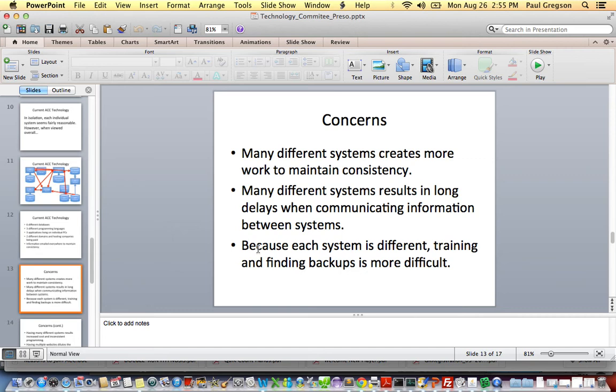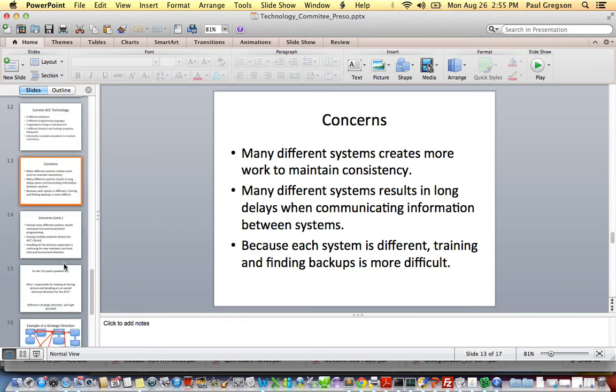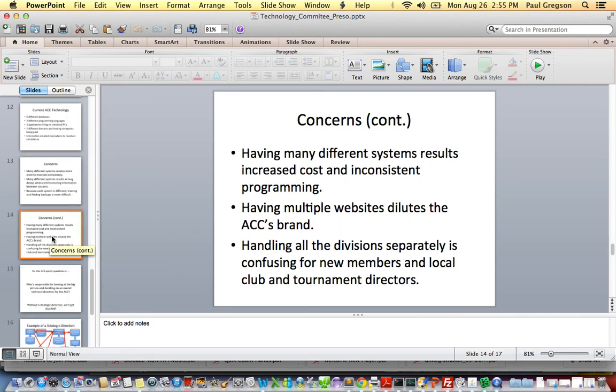So those roles, which are in theory quite interchangeable, become in practice completely different jobs, require learning completely different systems, and it just becomes very difficult because you've got to train each person in each system individually on their specific role, and it's very difficult to go from one role to another, because we have all these different applications and different interfaces.